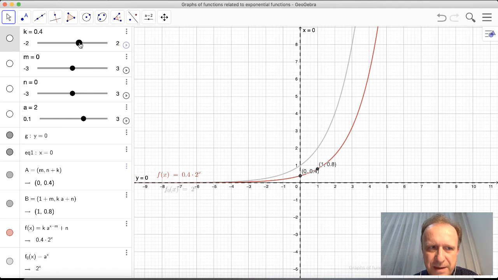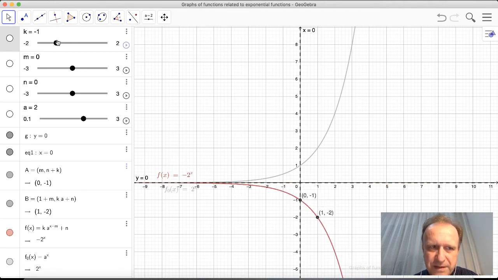Now, what happens if k is 0? Well, if k is 0, it's not interesting. As I said, the function would be 0. But let us imagine that k is just -1, like this. If k is -1, what happens here is that you can see that this new graph, -1 times 2 to the power of x, is a reflection of the original graph in the x-axis. So the graph becomes reflected.